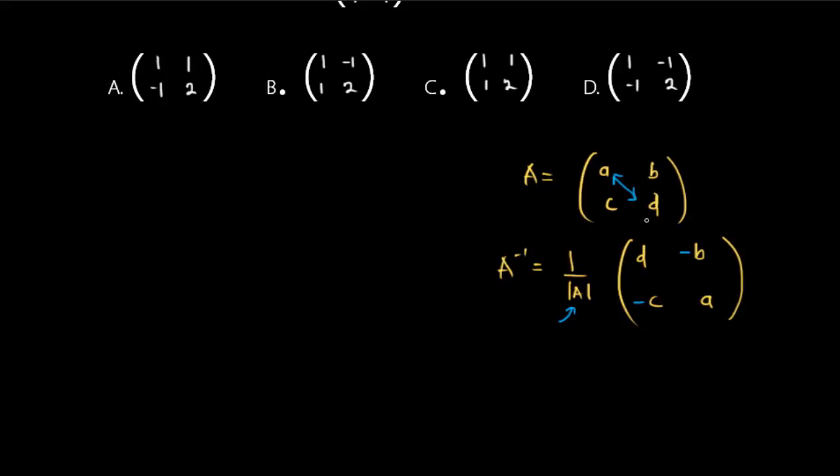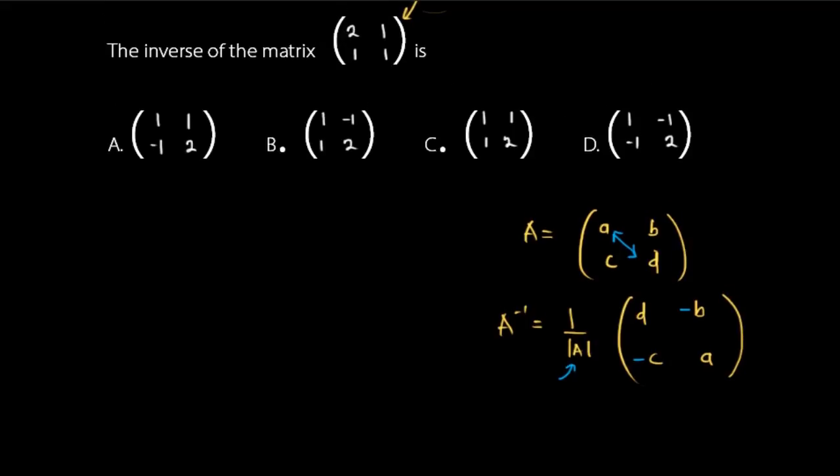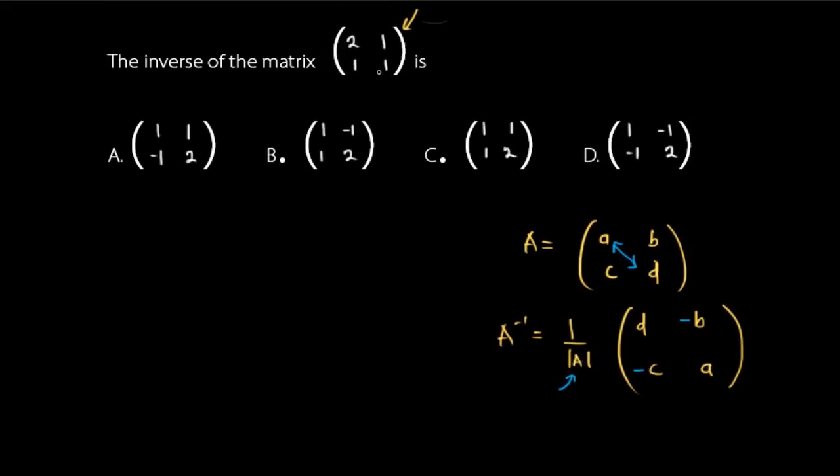As you can see, a has taken the position of d and d has taken the position of a, and the b and c stay where they are. The only difference is that this time they have a negation symbol. Now we're going to use this technique on the matrix that we are given.